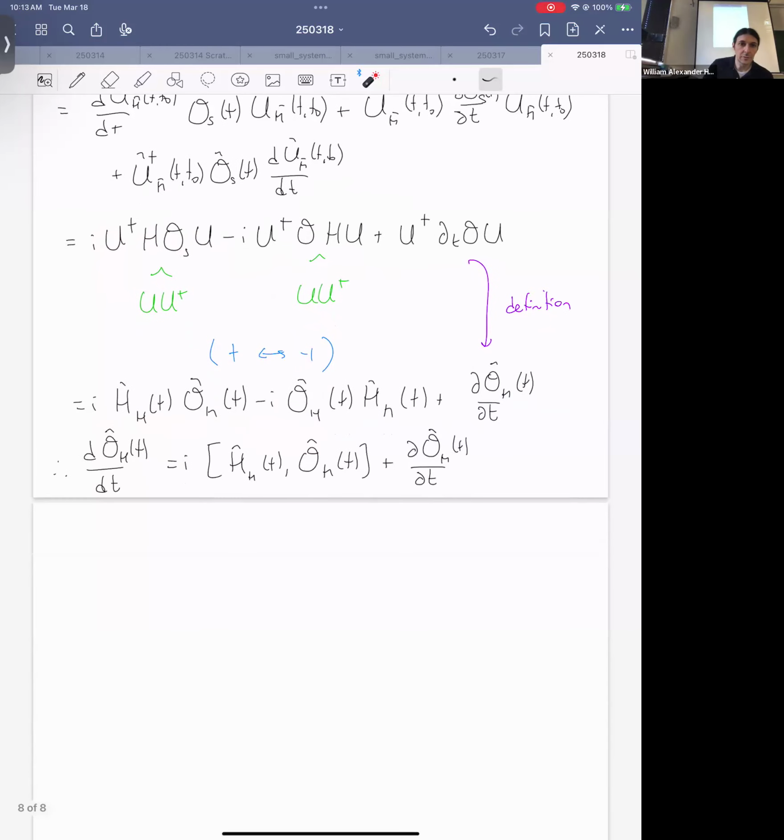Okay, so it might be nice to understand how to take commutators in the Heisenberg picture given commutators in the Schrödinger picture, which is what we're used to.